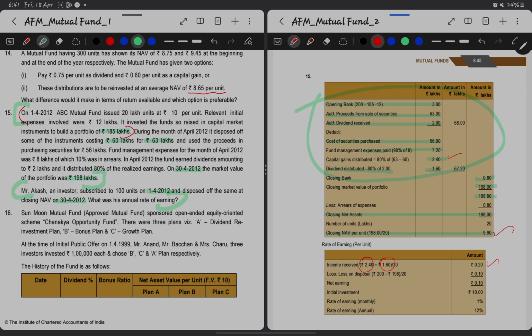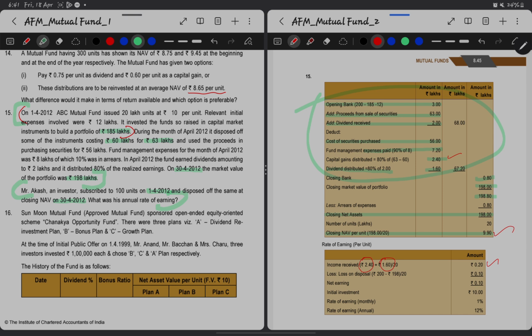So the loss on disposal will be, he has purchased on 1/4/2012. That time the mutual fund issued was 20 lakhs multiplied by 10. So if he would have bought that, then it will be around that same price, right? So that 200 lakhs minus 198 was the current value, divided by 20 will give us the loss, because as of now only 198 is the value.